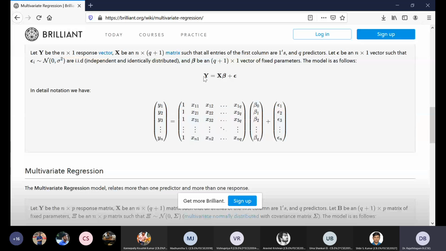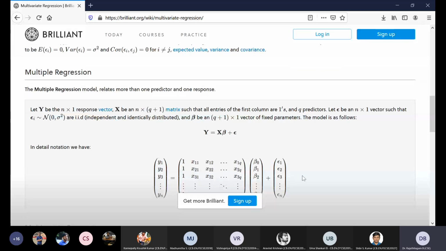Therefore, you will have beta also, a 2-dimensional. So Y is a 2-dimensional matrix and beta therefore is also a 2-dimensional matrix. Okay, so that is something we will go to next. But multiple regression is something that we should try to understand before we go for multivariate regression.